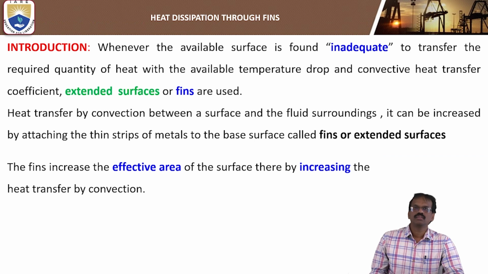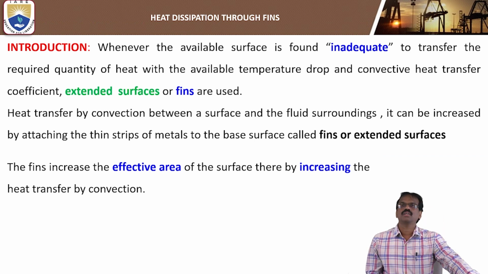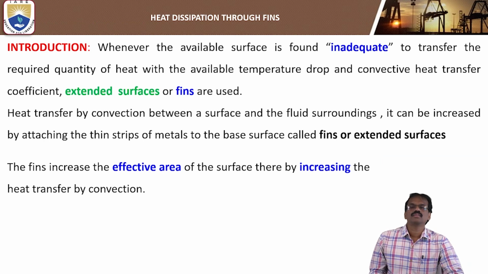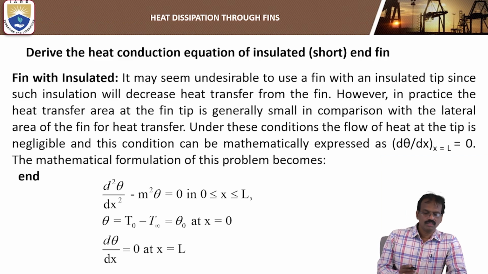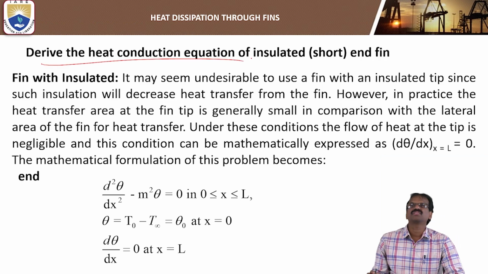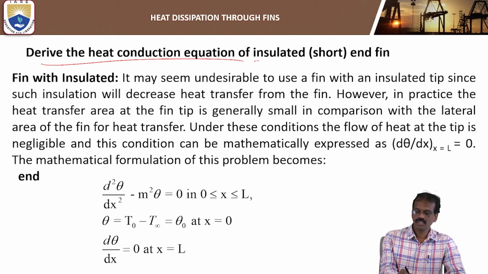These types of fins are attached on transformers to reduce the heat of the transformer, and to reduce the heat of automobile engines, just like in bikes, or as a radiator in cars. Many applications were discussed in the previous class also. Now we'll derive the heat conduction equation of the insulated end fin.